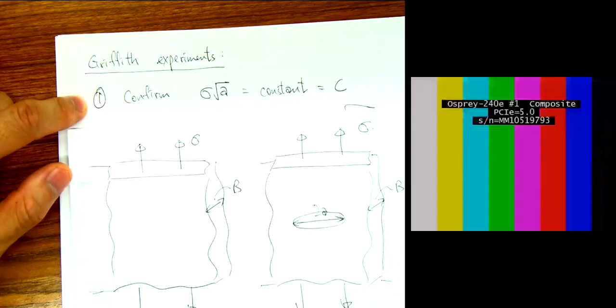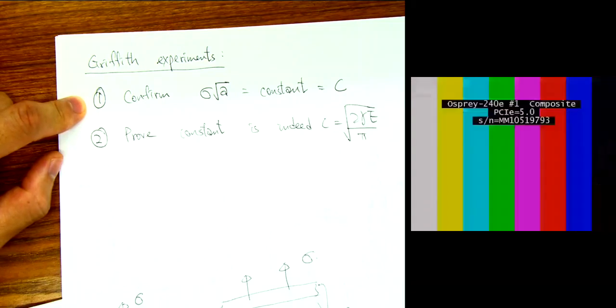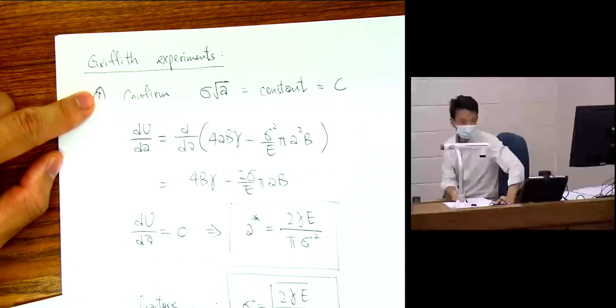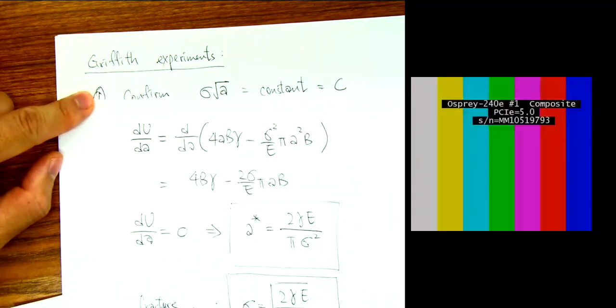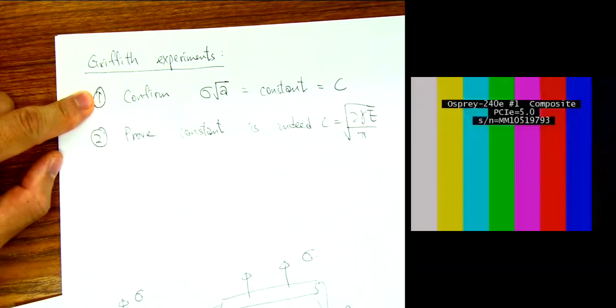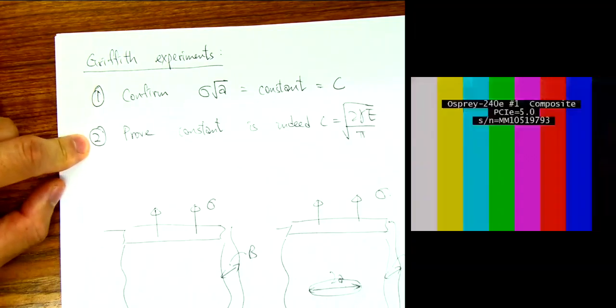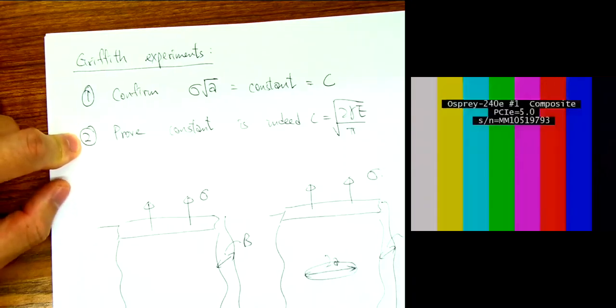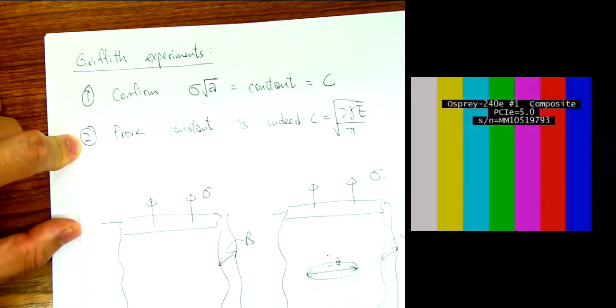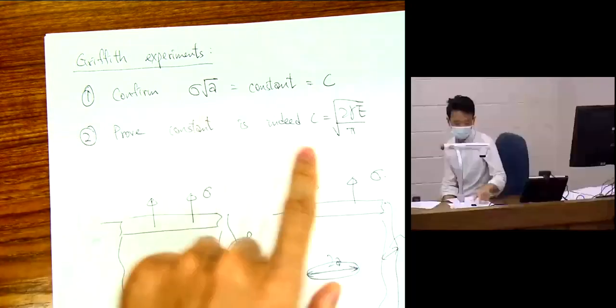I have already proved the first point, that sigma indeed varies with the square root of A. That is already true. Now the second part is more difficult, as we talked about. I want to prove exactly how they are related, right? So I'm missing that constant.